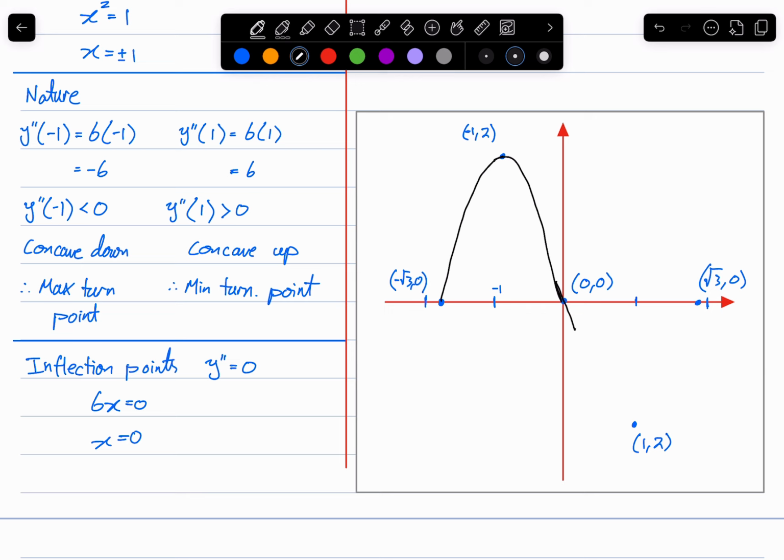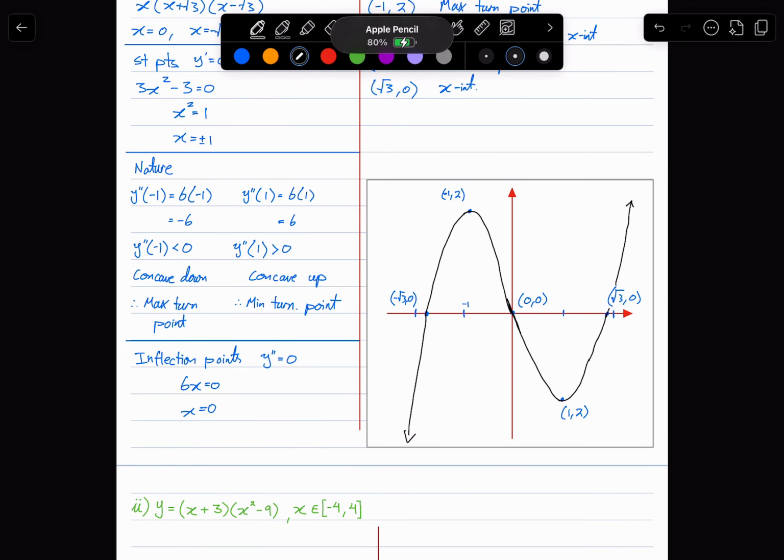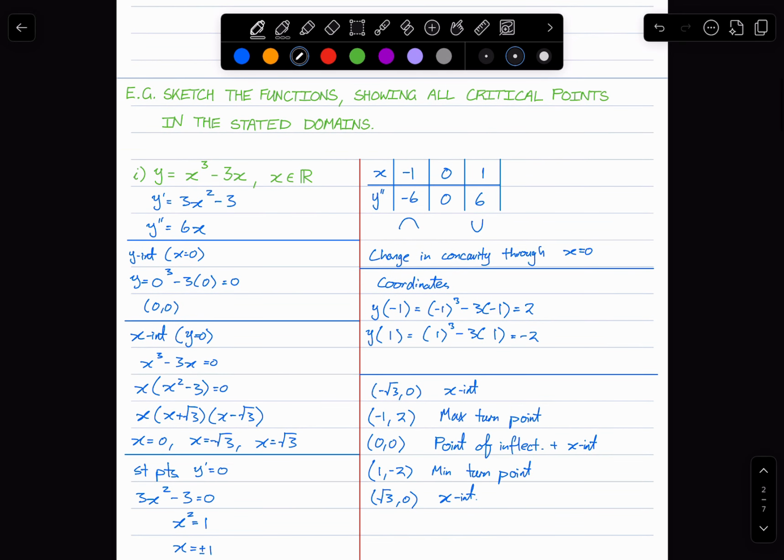And then it'll concave back up like so. And then it'll just continue going down to the left here and then up to the right here. And this is how you would approach a problem such as this.